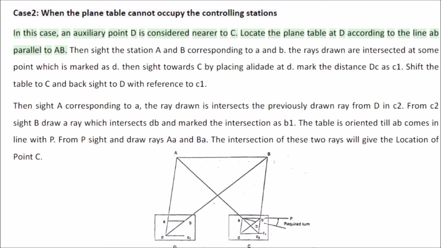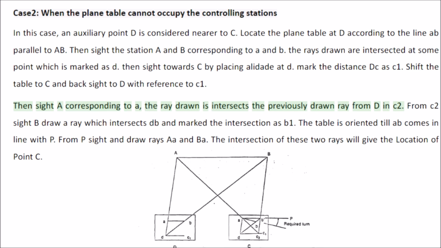In this case, an auxiliary point is considered nearer to C. Orient the plane table according to the line AB, parallel to AB. Then sight the stations A and B corresponding to A and B. The rays drawn intersect at some point which is marked as D. Then sight towards B placing the alidade at D. Mark the distance DC as C1. Shift the table to C, backsighted with reference to C1.